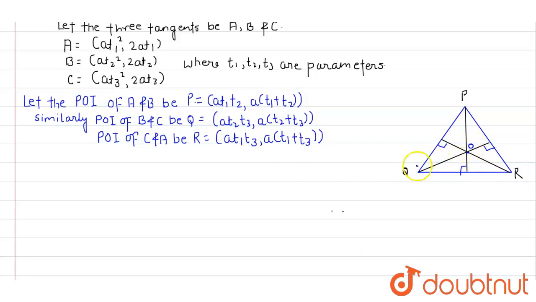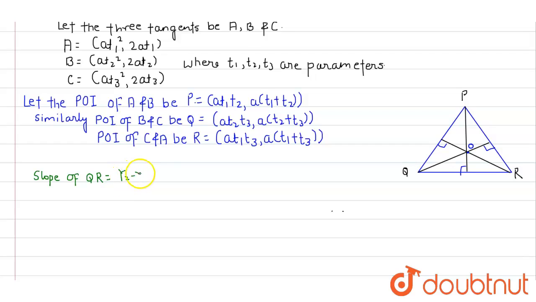Now you see what we can do. If we want to find the slope of line QR, it will be y2 minus y1 upon x2 minus x1.